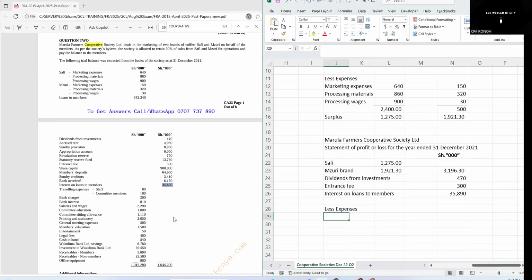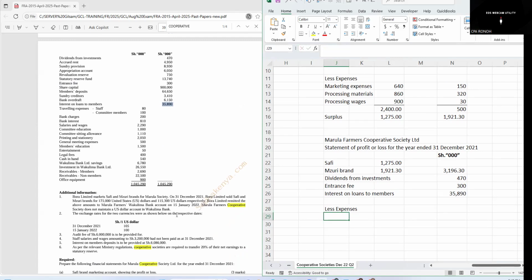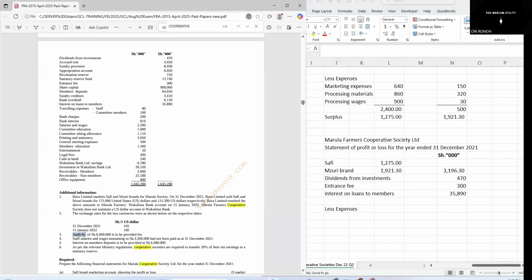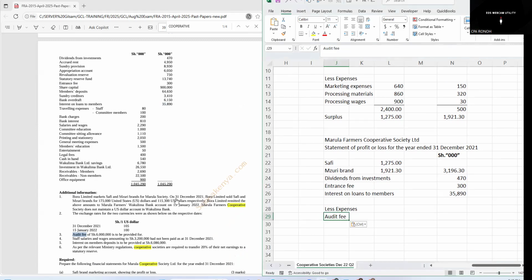Now for expenses, I always say you start with the additional information, so that you don't forget. We have the audit fee. Audit fee is a provision. Then you check, do we have the paid audit fee in the trial balance? If we don't have that, we put this figure as it is.